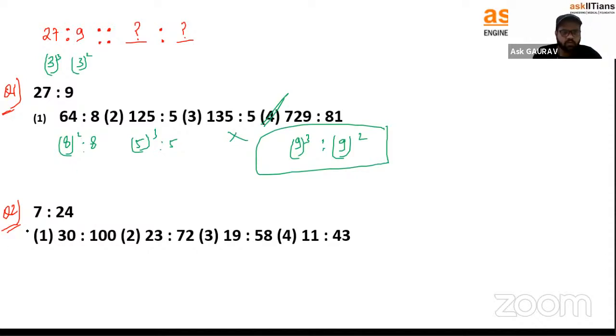Okay, do this question number second. 7 is to 24. Identify the relation. 7 is to 24. Then choose the other.